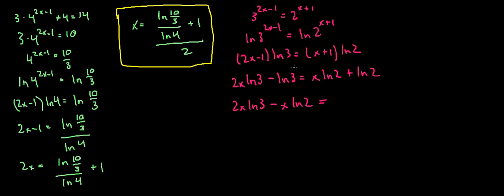Natural log of 3 plus the natural log of 2. And now I simply factor out an x so I can divide the rest of it out. So if I factor out an x from here, this would be x times 2 times the natural log of 3 minus the natural log of 2.